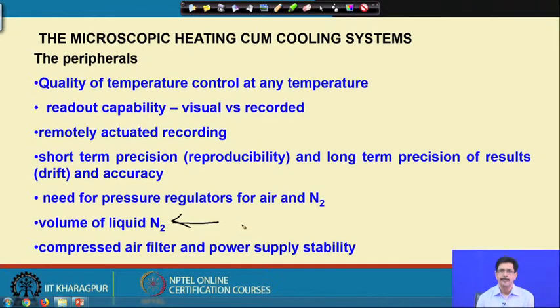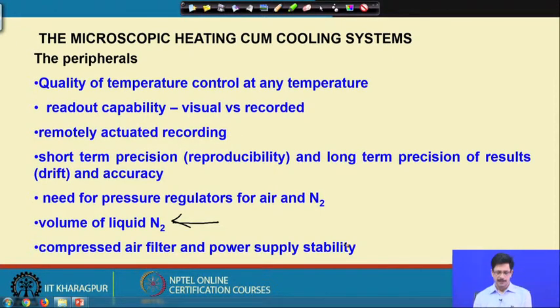It is circulated by using dry nitrogen gas, so that it carries the cold nitrogen gas through the sample and cools it. And in the Fluid Inc. adapted hot and cold stage, the heating is done through a heating coil by passing compressed air through it, but the heating system in the Linkam stage does not require any compressed air.